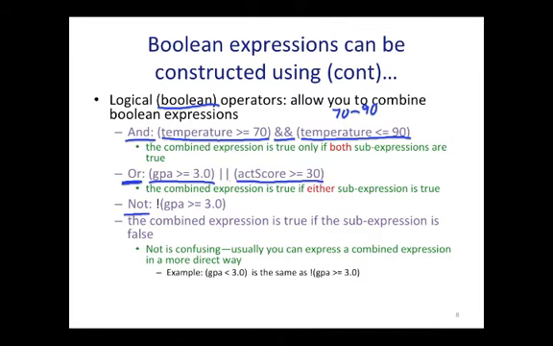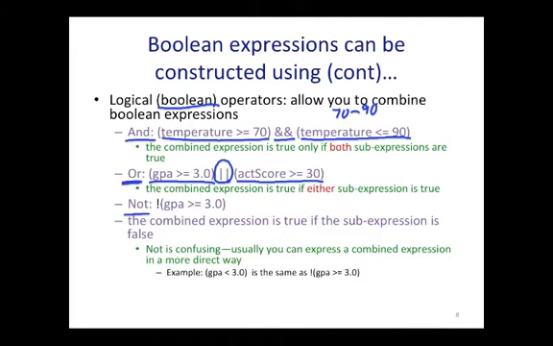And the or is indicated with two vertical pipes, which shows up on your keyboard somewhere, usually the upper right-hand corner of your keyboard. And you have to type two of them.